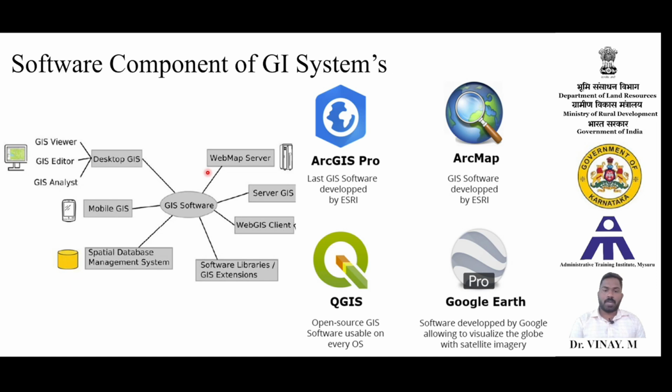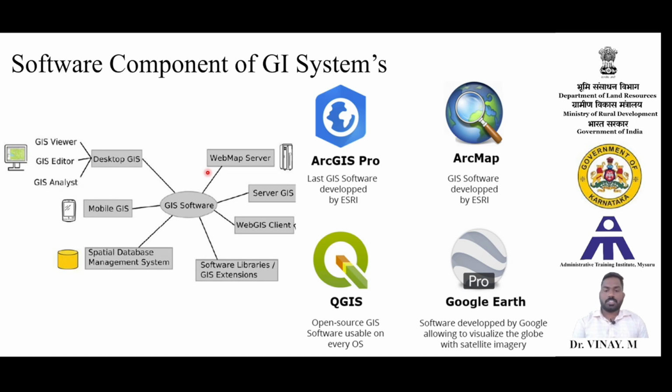Even though the Google Maps app is a mobile GIS, whatever data we are getting from it, the base map, the satellite imagery, the road information, the point of interest information, the majority of the data is sitting on the server, and it is fetched dynamically with the help of web map server software.